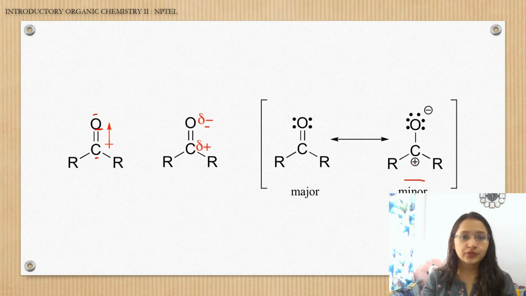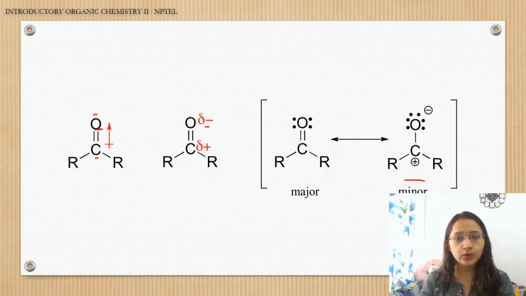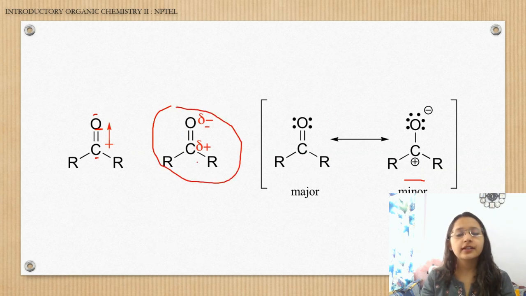Now coming back to the question, they are asking about the nature of carbon and oxygen. First we consider the nucleophilicity and electrophilicity of the carbon and oxygen. Looking at this structure, a partial positive charge is created on the carbon.